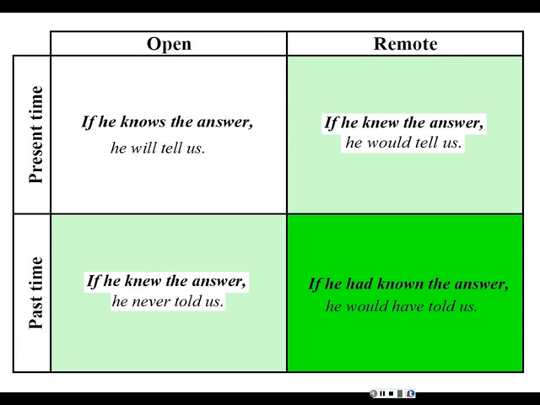Let's talk about the present time remote conditional. If he knew the answer, he would tell us. That means he doesn't know the answer. If he knew the answer, he would tell us.